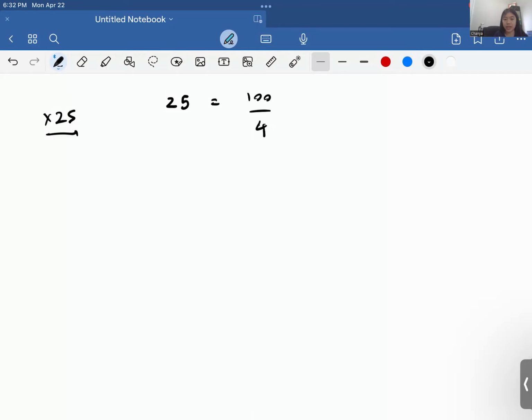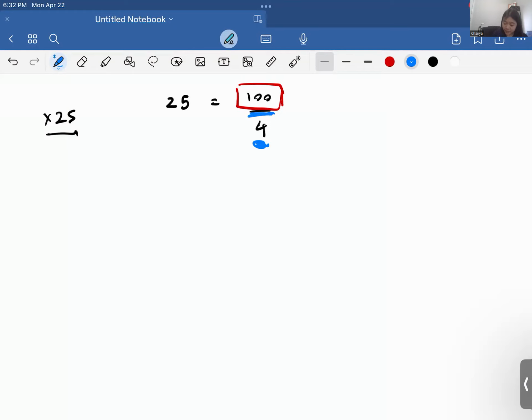So when you're multiplying by 25, you are essentially multiplying by 100 over 4. In other words, you're multiplying by 100, and then you're dividing by 4.